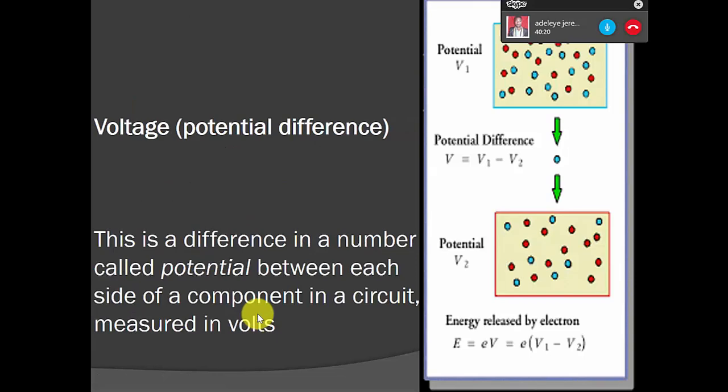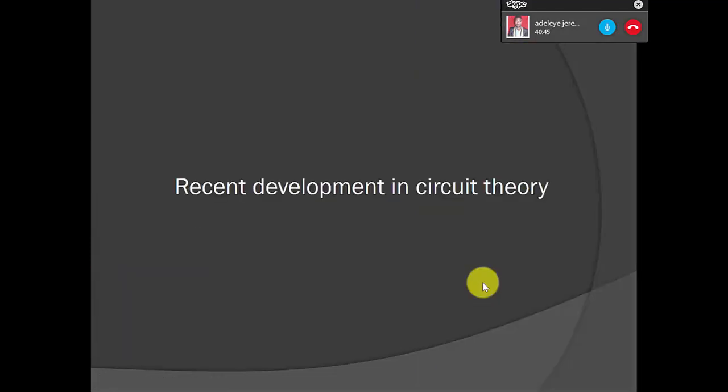Now, according to the picture I have on the right hand, you can see the potential difference one and you see the potential difference two. So the difference in the potential between each side of a component in a circuit is measured in volts. So the difference between them is what we refer to as a voltage, but it's popularly known as a potential difference.